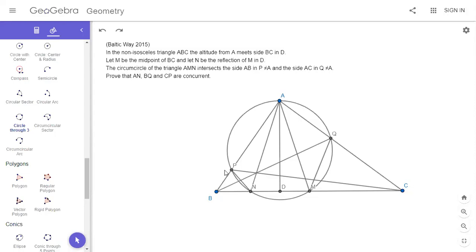I think I have an idea. I think we could prove it probably by power of a point. So we want to show that AP times AB is equal to AQ times AC, and we know BP. Let me write this out for a sec. I think I have an algebraic way of doing it.